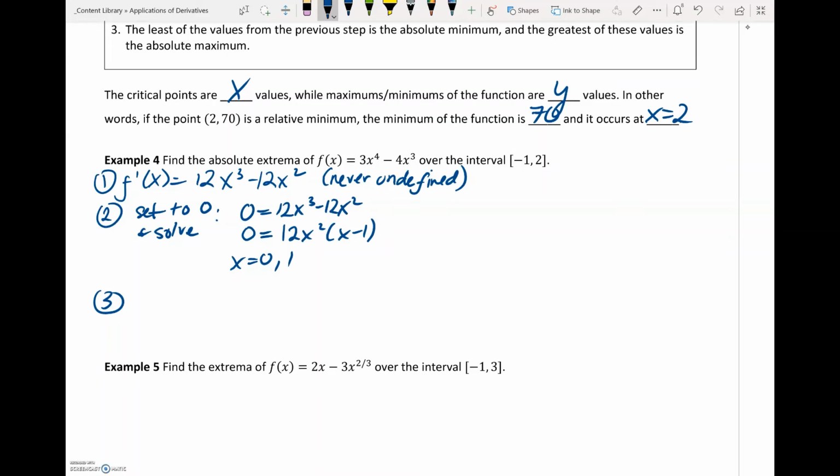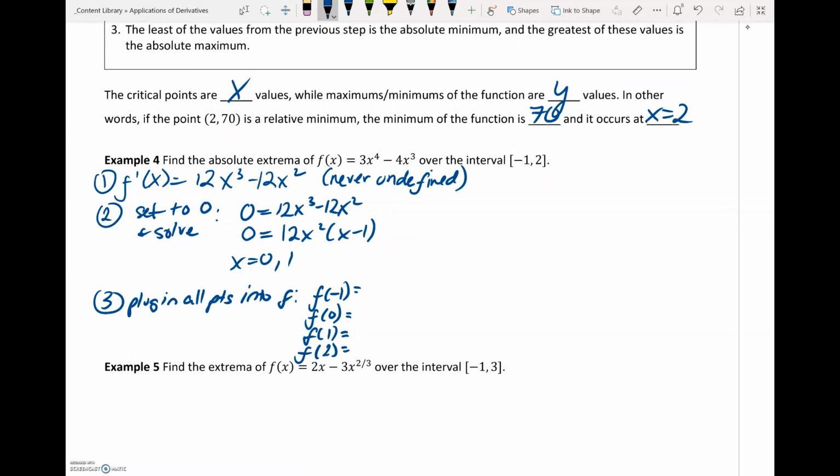So I'm going to evaluate f of 0, f of 1, and also the endpoints as well. So again, that's f of -1, our endpoint, f of 0, a critical point, f of 1, and then f of 2.